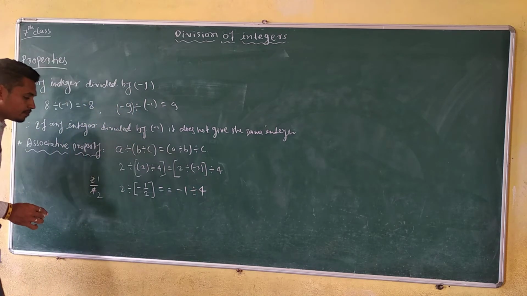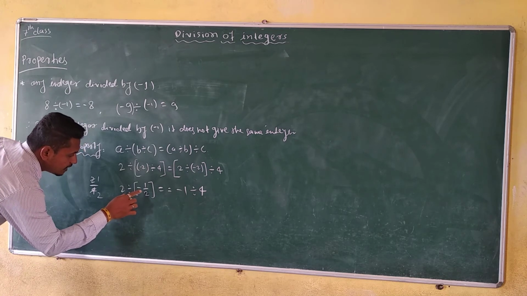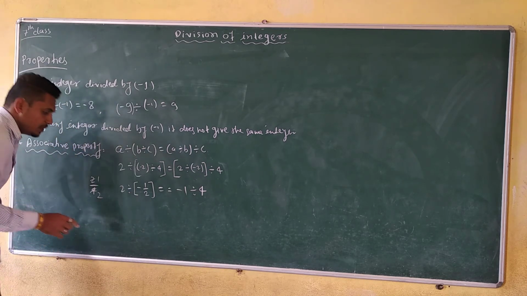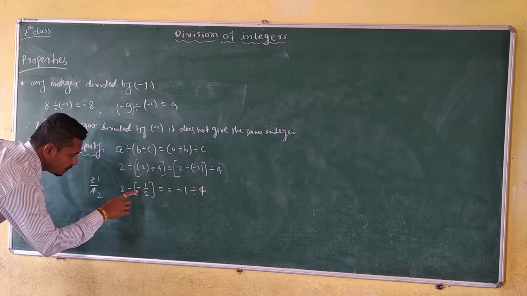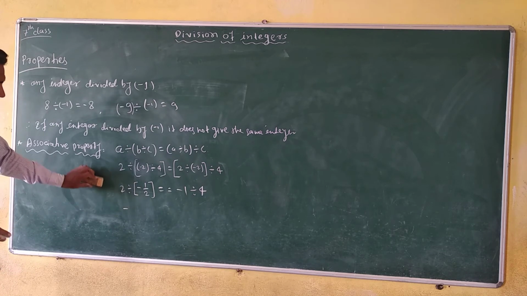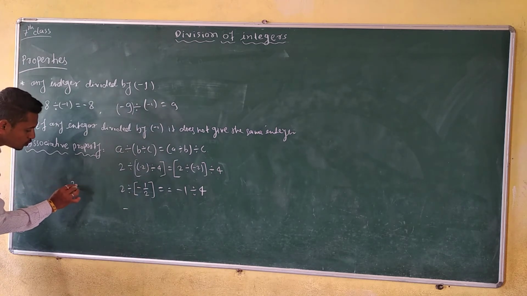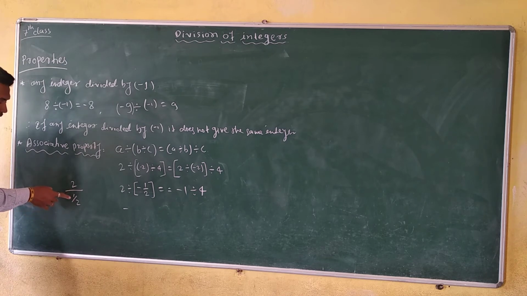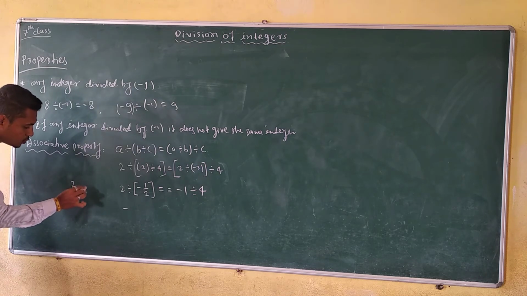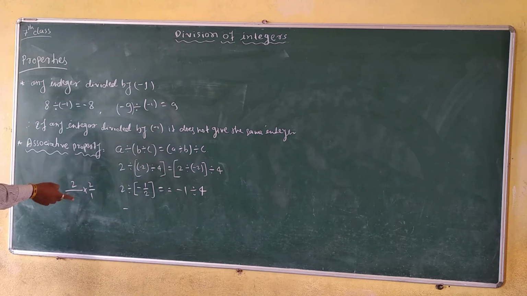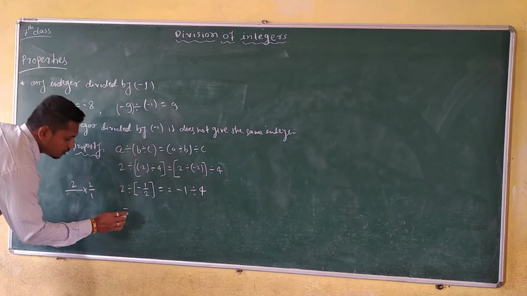Next, 2 divided by 1 divided by 2, that is 2 divided by minus 1 divided by 2. It means plus divided by minus. So 2 divided by 1 divided by 2: now it is inverse, so 2 divided by 1, then 2 twos are 4.